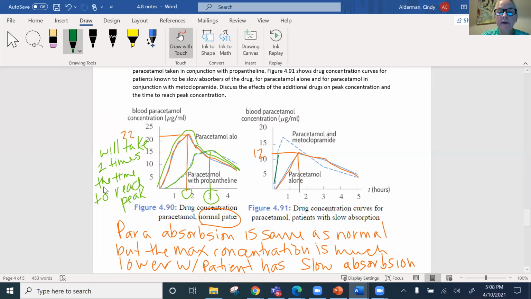Okay, so now if we compare this graph, the para with this drug that will help it be absorbed quicker with just the para drug alone in somebody that is a slow absorption kind of person, what you find is that the peak is reached faster, right? So this drug helps reach peak absorption sooner.